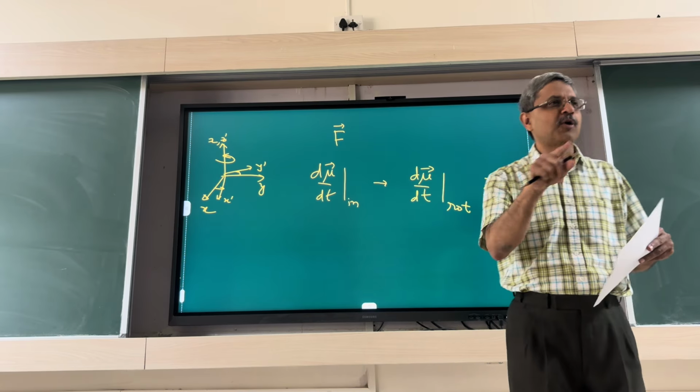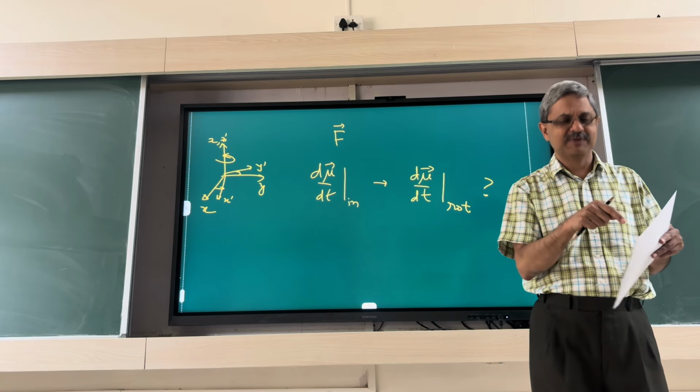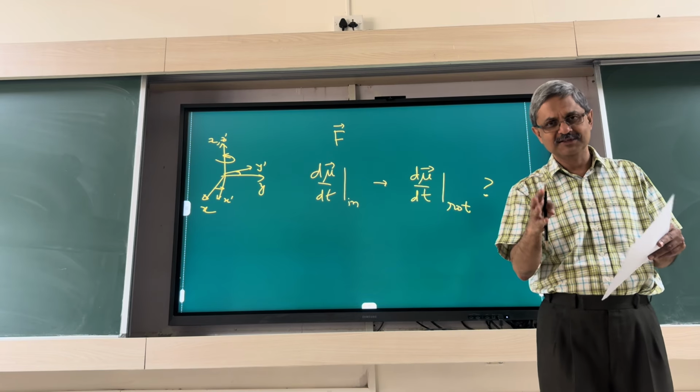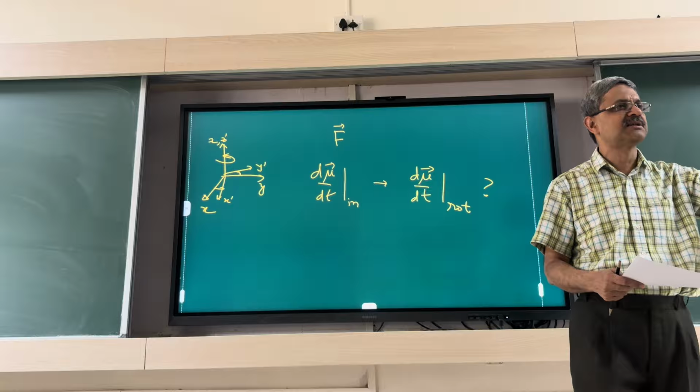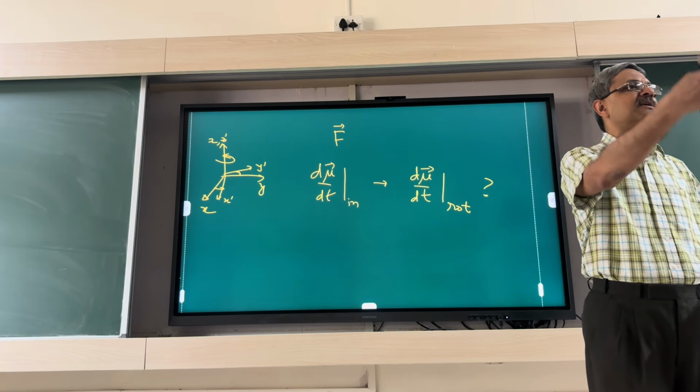Actually, there's a cross product there. And then the Coriolis or the centrifugal, that's when you take yet another derivative.